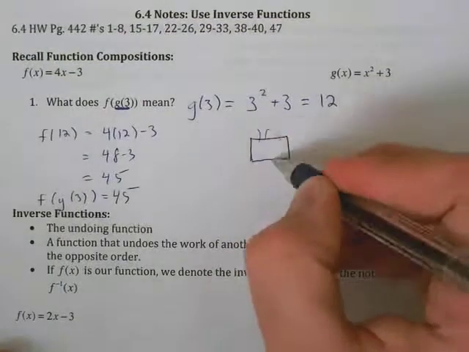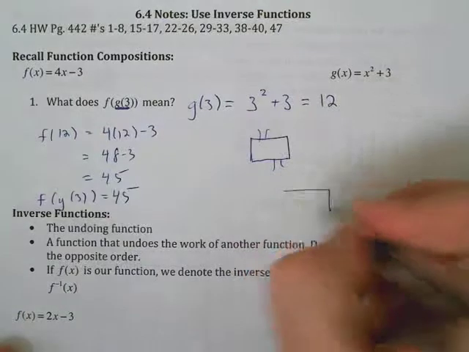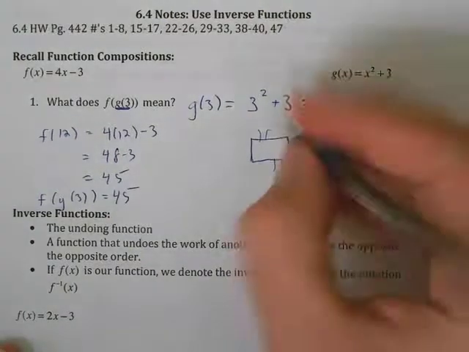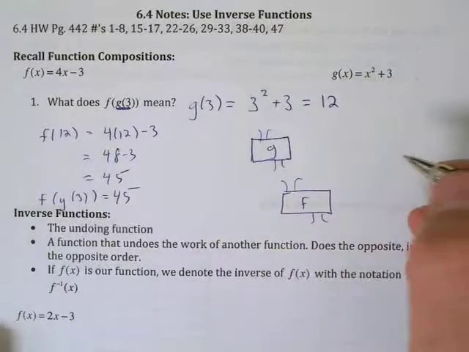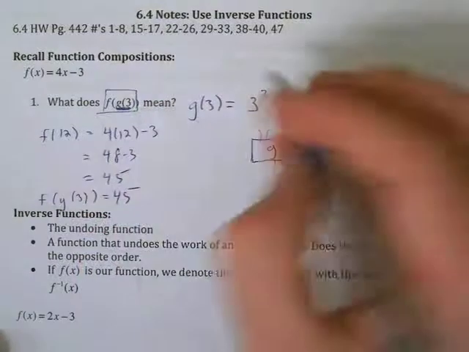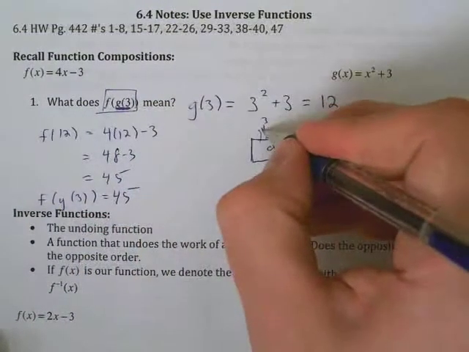We have this little machine, a couple of them actually. We'll call the first machine G and the second machine F. We're going to take the number 3 and insert it into the G machine.